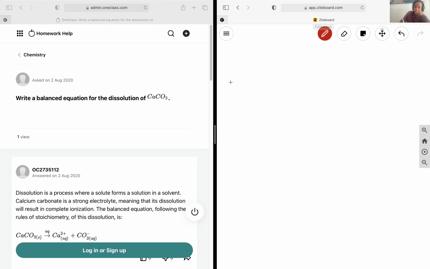So we get Ca2+ ions in there, plus the carbonate ions too.